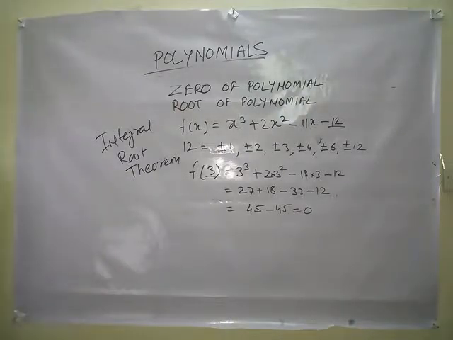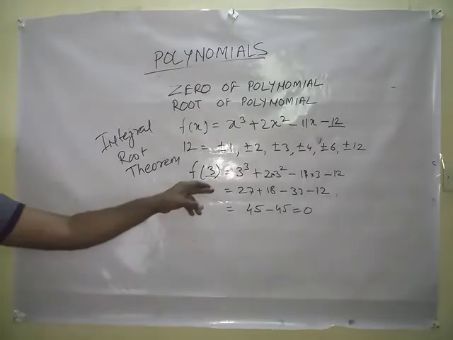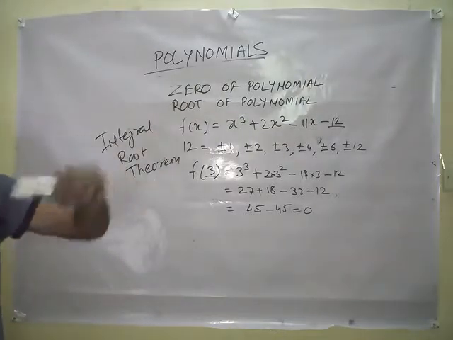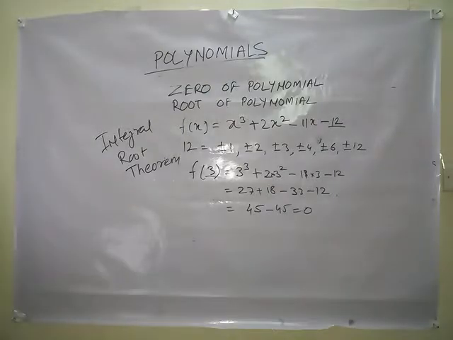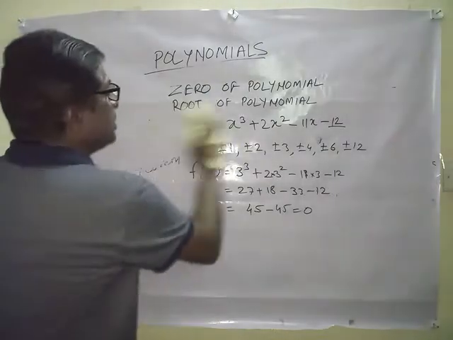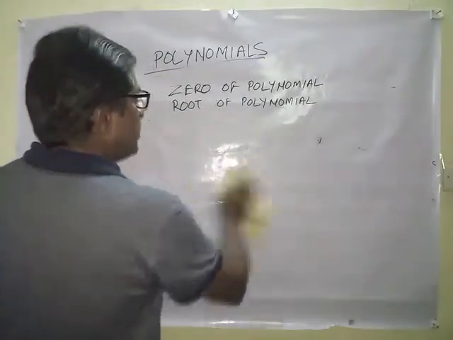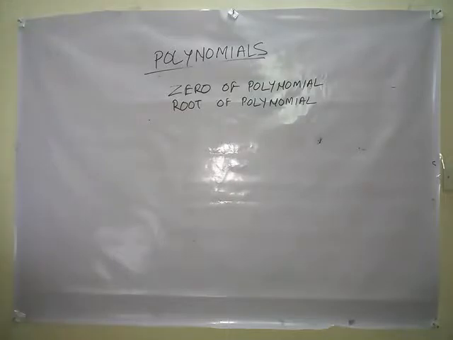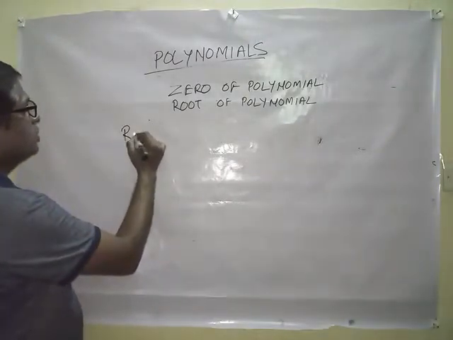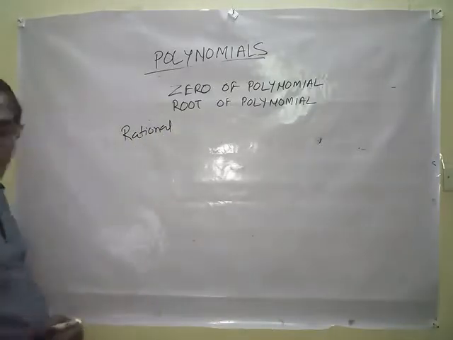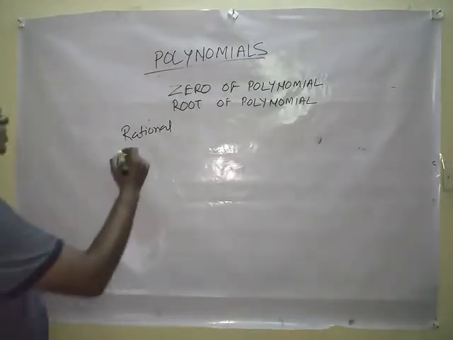Another theorem: because we have seen here one integer which is a zero or root of this polynomial equation, that is why we can apply the integral root theorem. We have seen the zero or root of a polynomial equation can be a fraction also. So there you have the theorem called the rational root theorem.